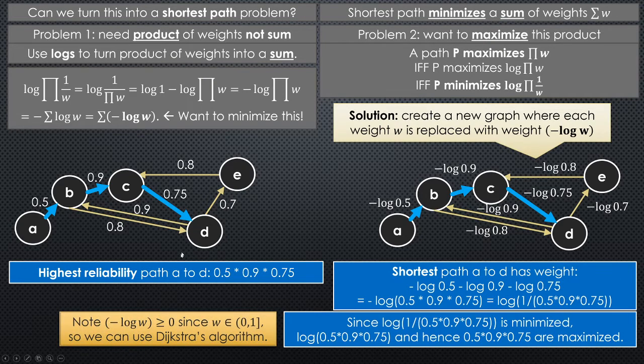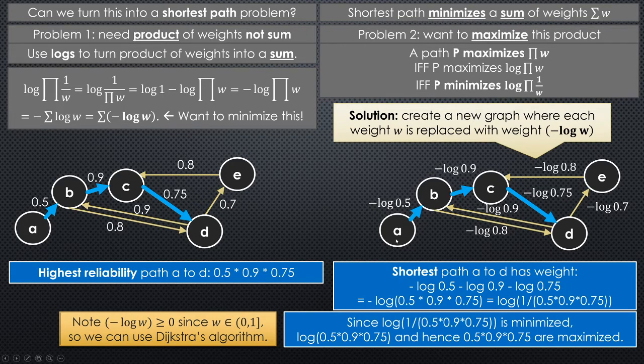So we have this graph where if we take the minimum sum of weights, we're going to end up computing the maximum product of edges in this graph. So the highest reliability path from A to D can be computed, although my path is wrong here, by finding the minimum sum, so the minimum length path in this graph.